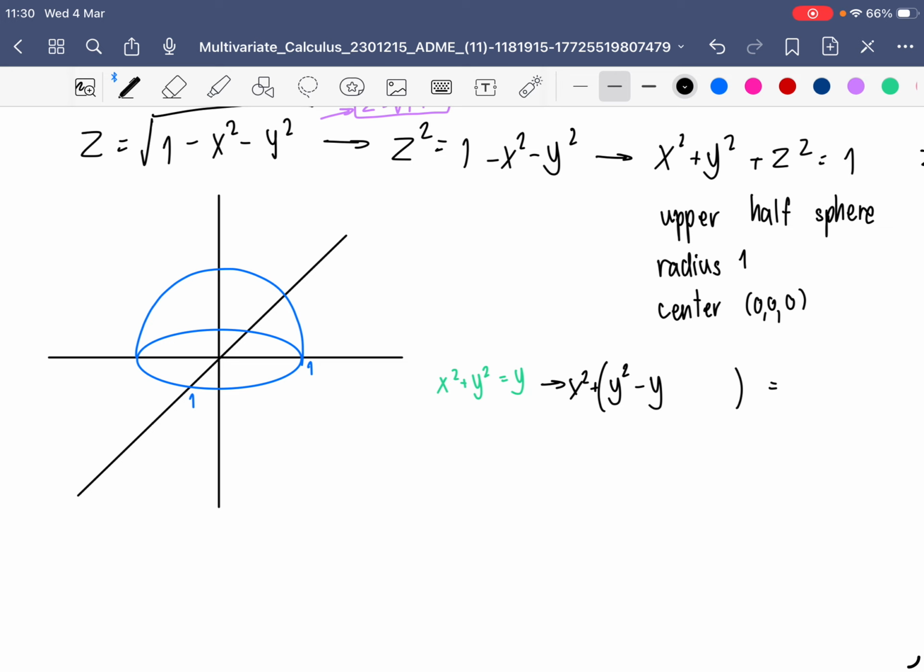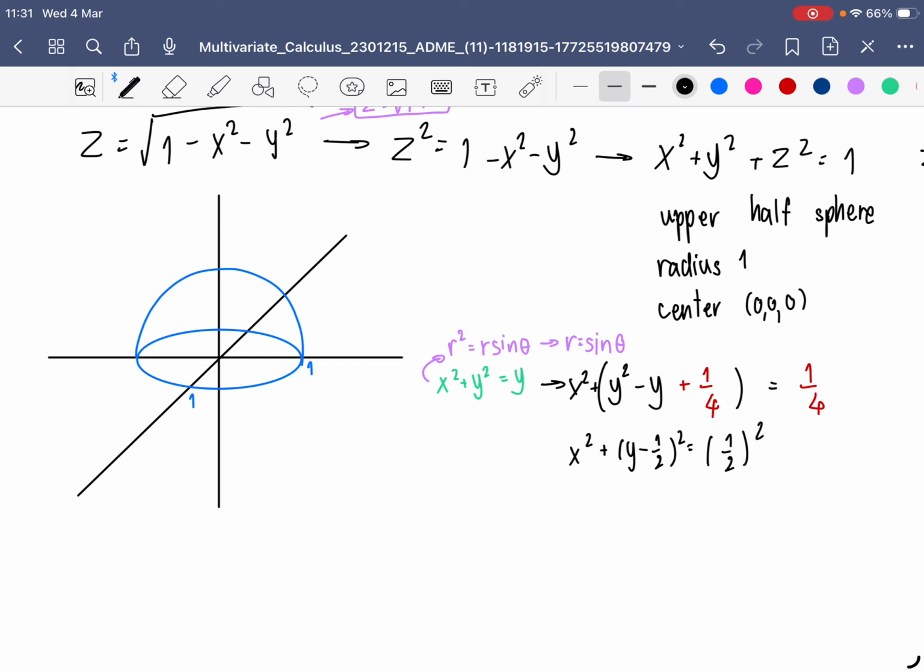So I add 1 over 4 to the left and right.